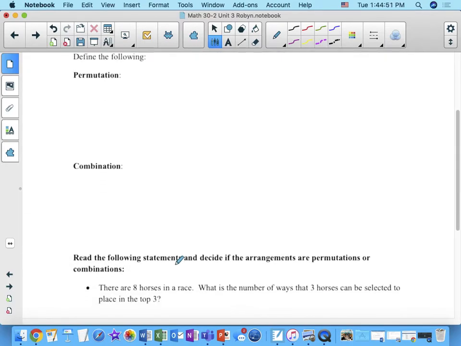All right, so we've already kind of talked about the definitions of these 2 words today. So I'm going to get you to help me out with this. Permutation. What's a permutation? It's a fruit platter.